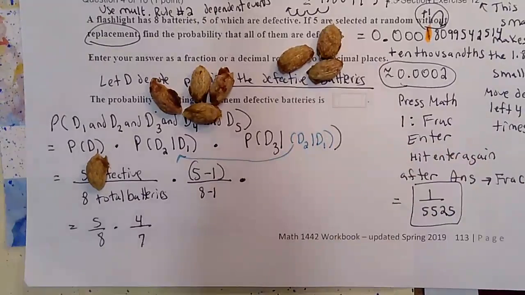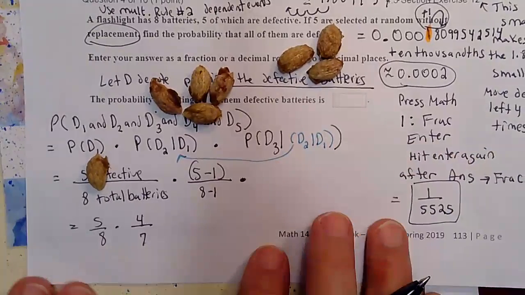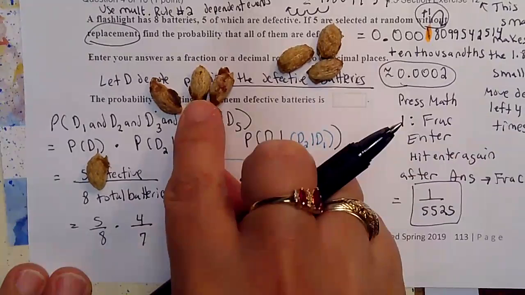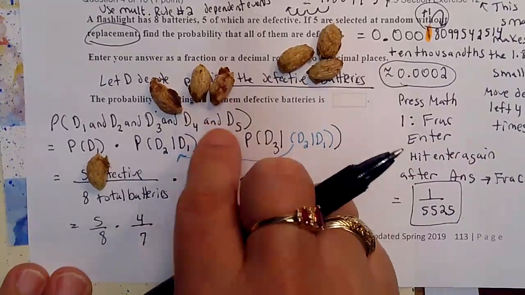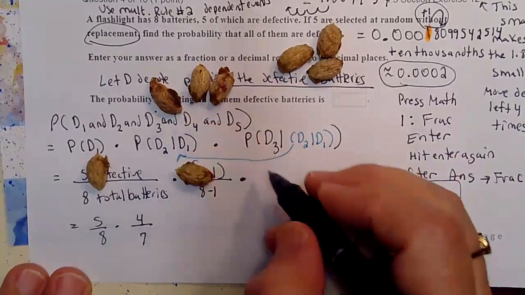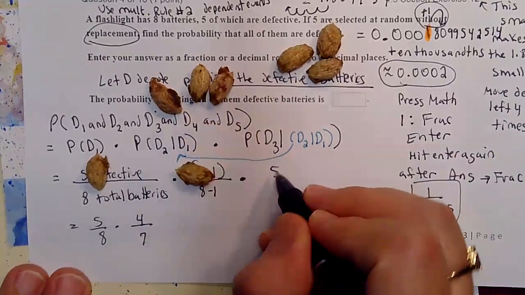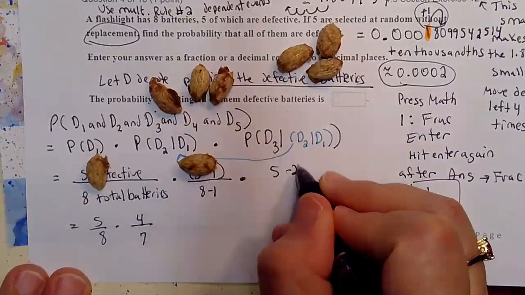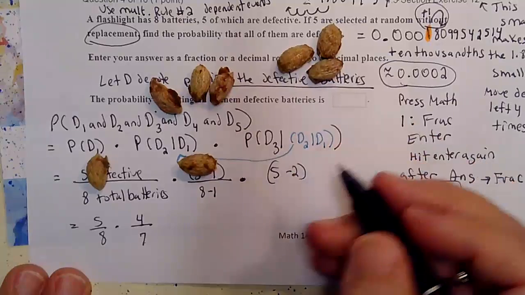Okay, so now you have this battery here, and now you're left with 5 minus 2, and 5 take away 2 is 3.